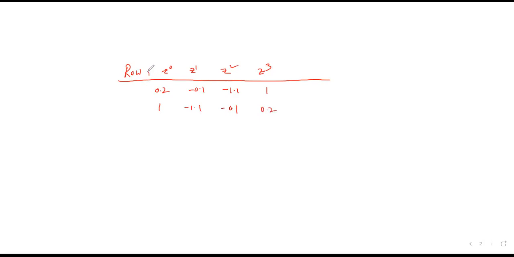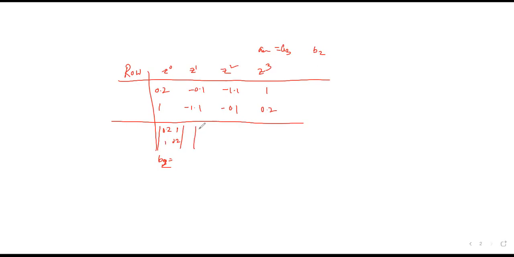What I preferred is that you can directly write the determinant here, 0.2, 1, 0.2. This corresponds to your B2, because the highest order is n, and n here is A3, so B(n minus 1) has to be B2. So you can directly find B2.